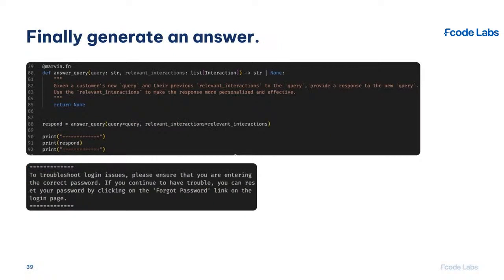Then we generate the answer. We can write this function to get the user query and the relevant interactions and generate a string output as the answer. This was also run in GPT 3.5.